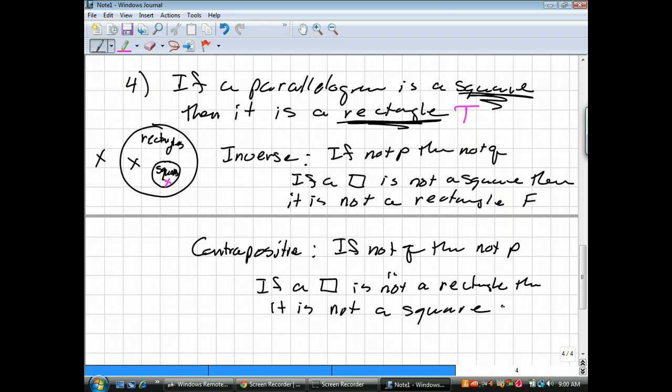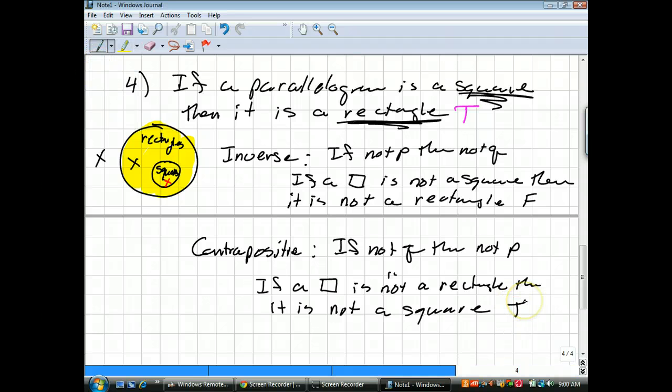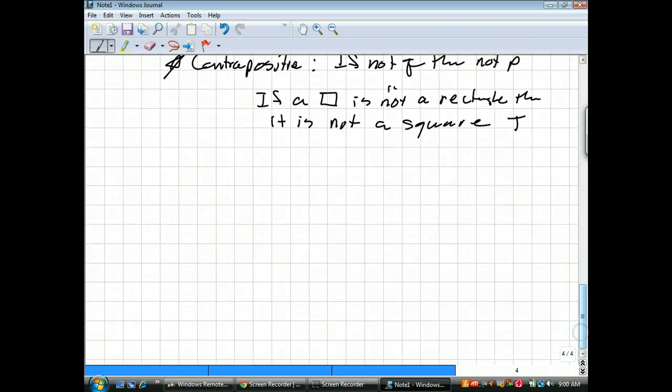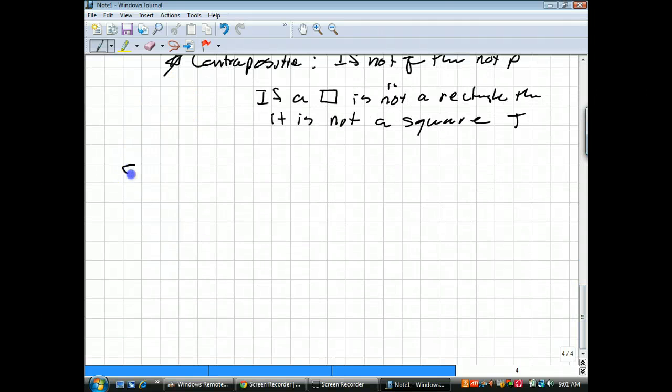In other words, if it's not inside this circle, then there's no way it can be a square, and that is true. And remember that our original conditional was true, and so our contrapositive must be true. Okay, so let's look at another example, number 5.